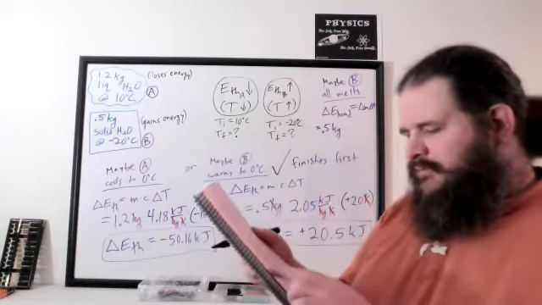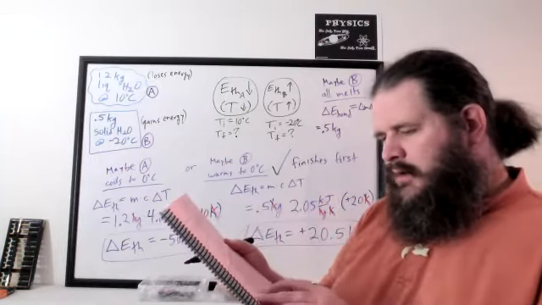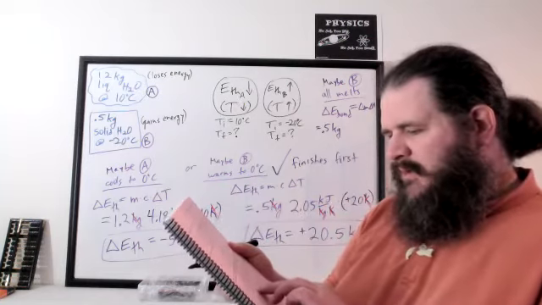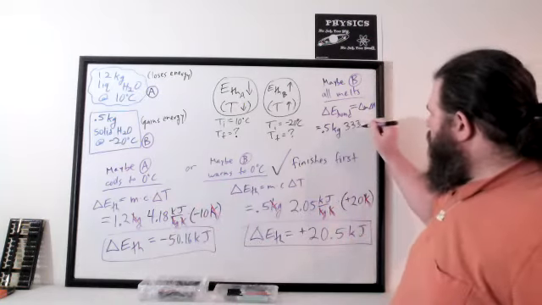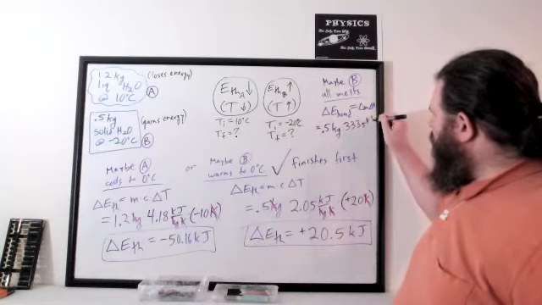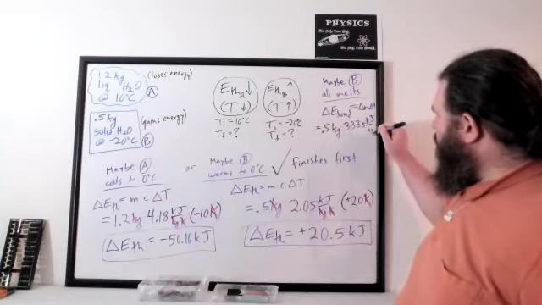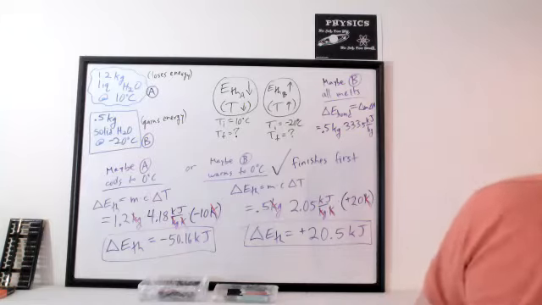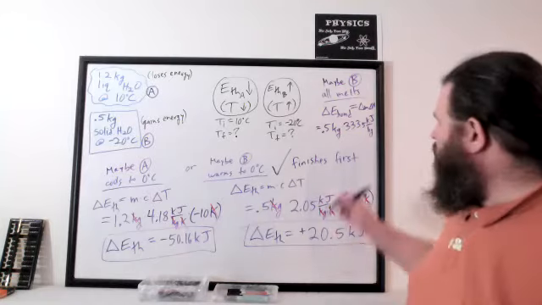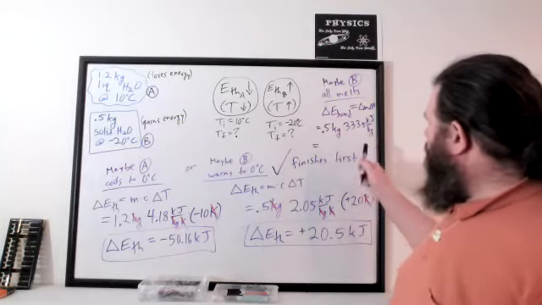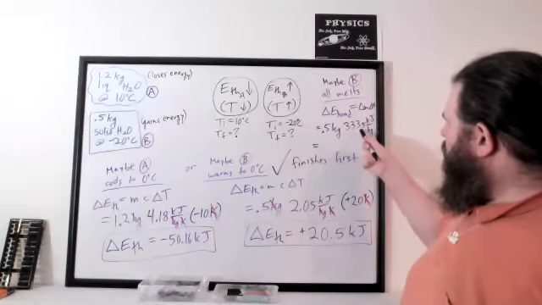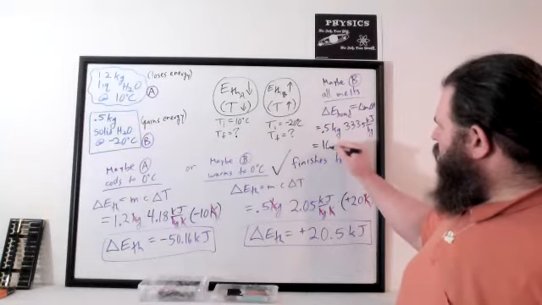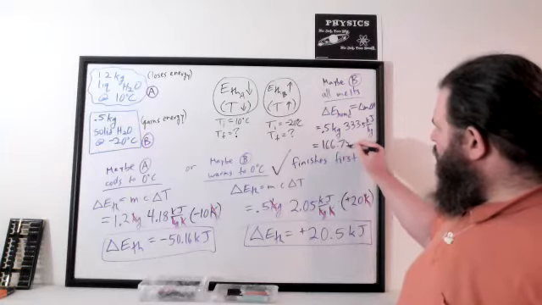So delta H for water, heat of melting, 333.5. And that's kilojoules per kilogram. So 1/2 of 333.5 should tell us the amount of energy it takes. That's 166 and a half, 166.75, I think.